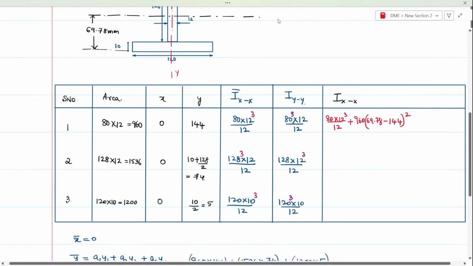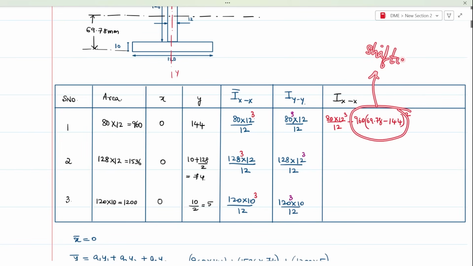This term is actually referring to shifting. This is the application of the parallel axis theorem. Now the same thing has to be done for area number 2.